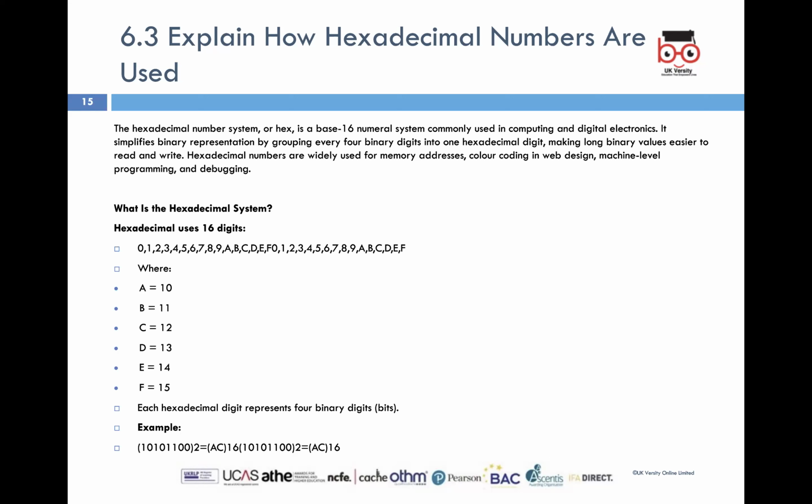What is a hexadecimal system? Hexadecimal uses 16 digits, 0 to 9 and then A to F, where A is 10, B is 11, C is 12, D is 13, E is 14, and F is 15. Each hexadecimal digit represents four binary digits, also known as bits.